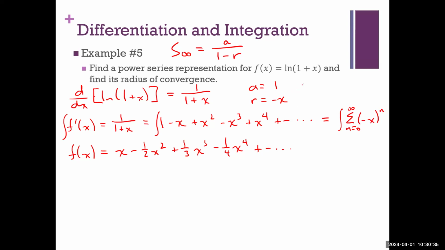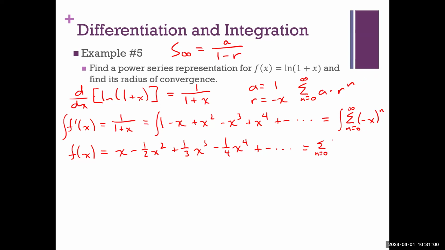Right. So one thing I want to remind you of, and I think we said this on Friday, is that in general, these power series representing functions, like this geometric series, is a times r to the power of n. So we know the first term is 1, the common ratio is negative x. I believe this representation holds.